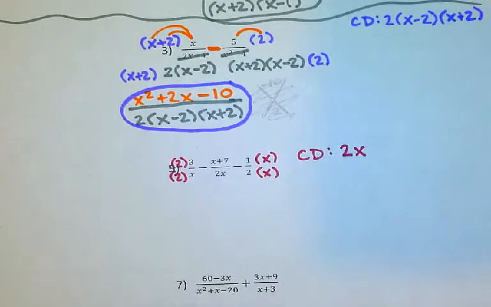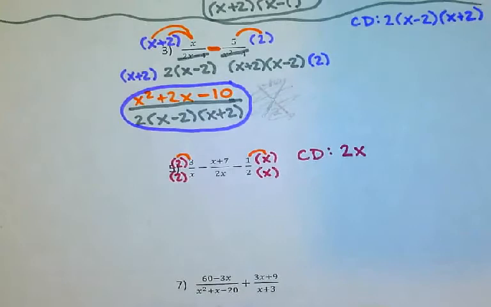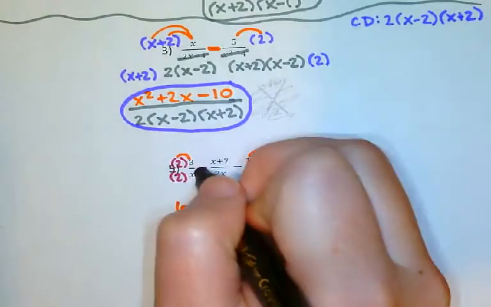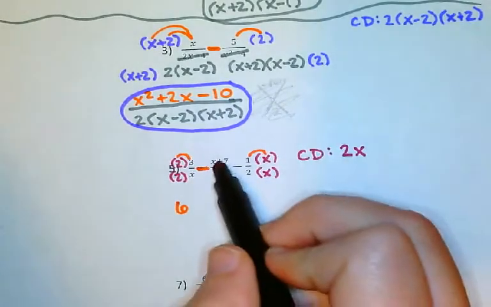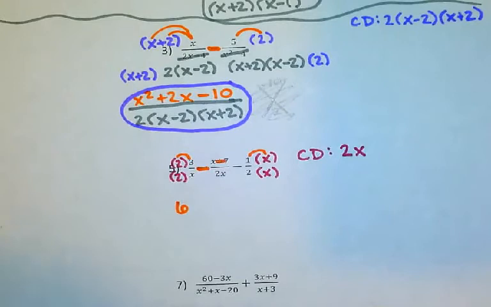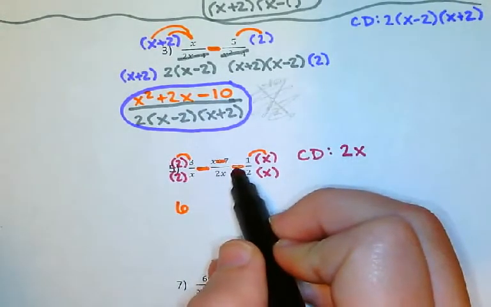Alright, so second step, we distribute. This 2 distributes to that 3. This 1 distributes to this x. Alright, so we're going to get 6. Then I have a minus sign, which changes all of these. It's going to change that plus to a minus. This minus is going to change this positive 1 to a negative 1.